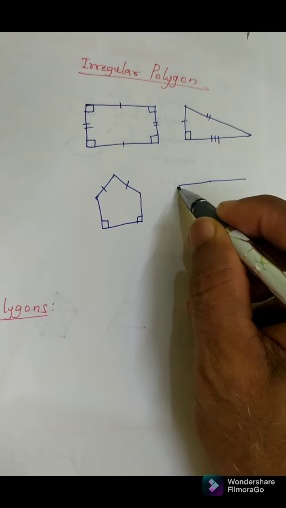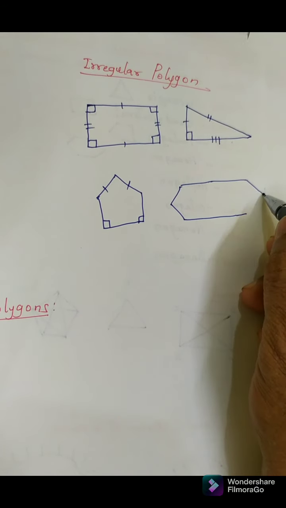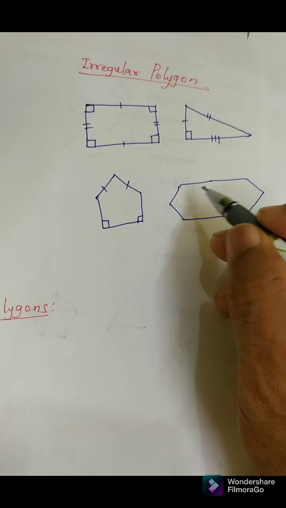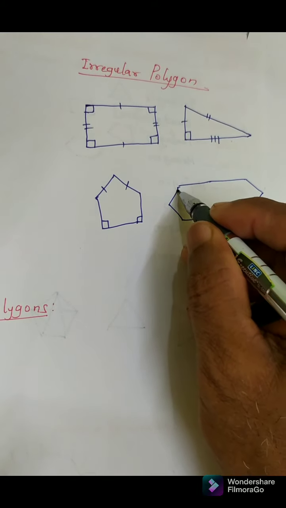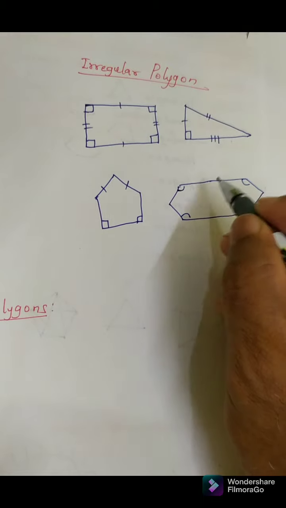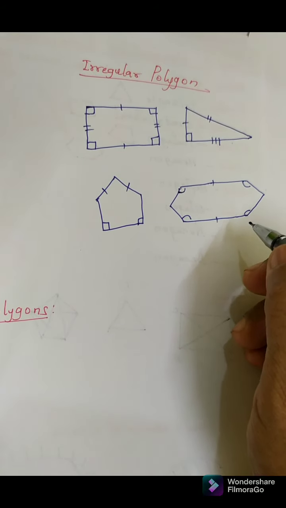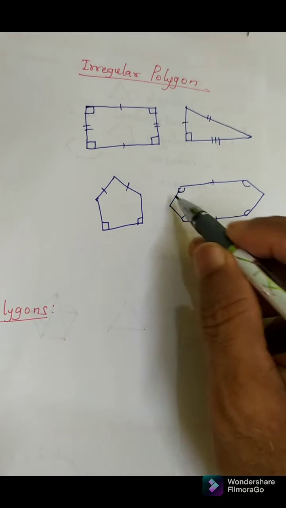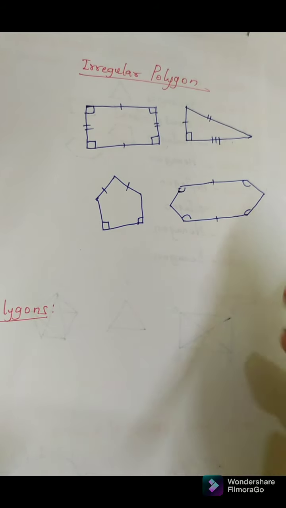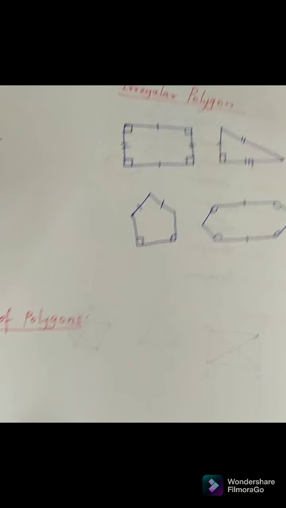You can draw it a little bit like this. Here 4 angles can be equal, but still these sides are not all equal. So that is an irregular polygon.